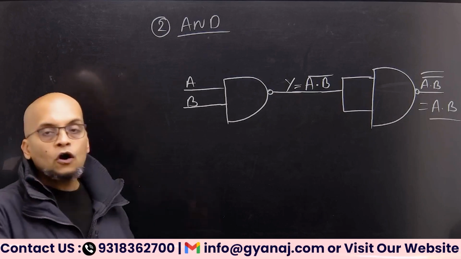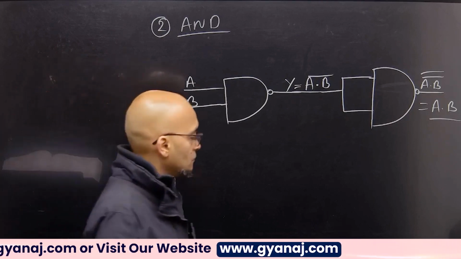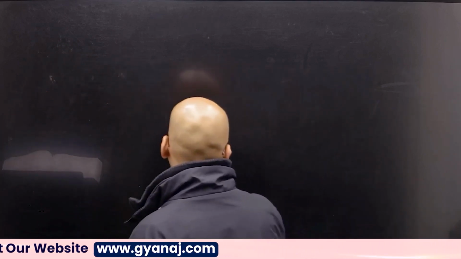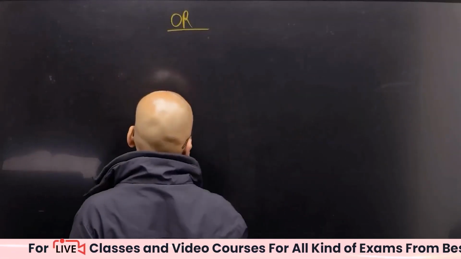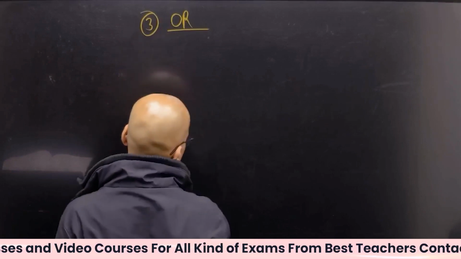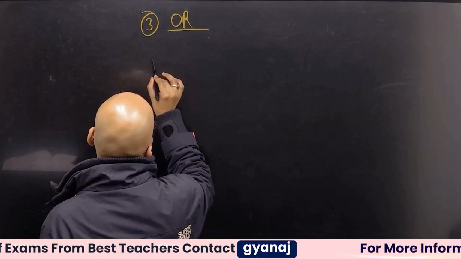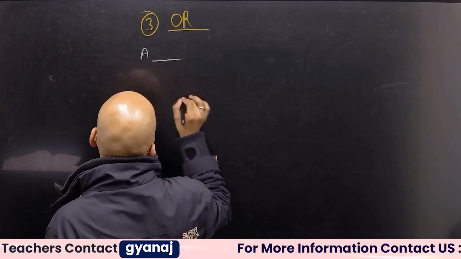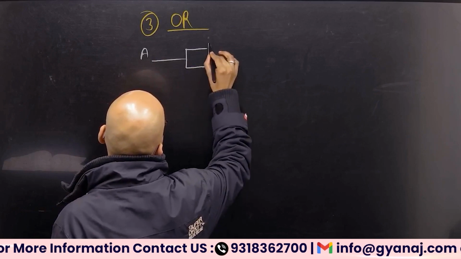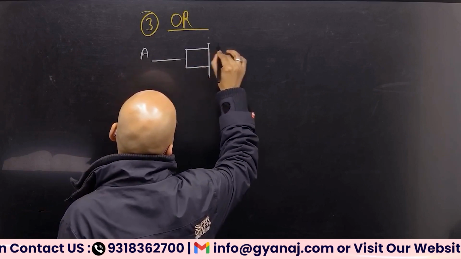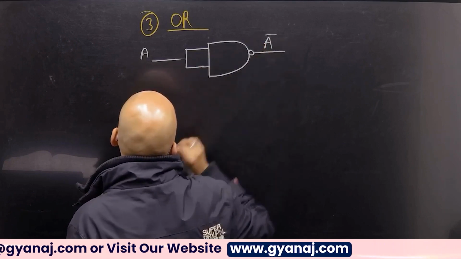Now let us draw the OR gate with the help of the NAND gate. That's interesting. Realization of OR with the help of NAND. So pay attention. This is signal A. I am feeding it to the NOT drawn with the help of NAND. So I will get A dash here.